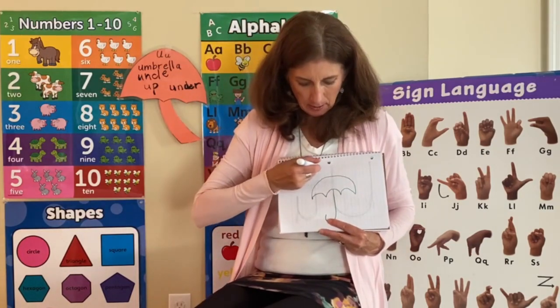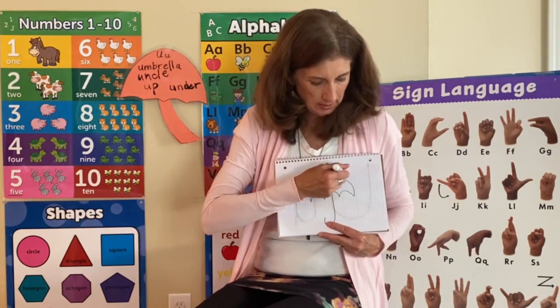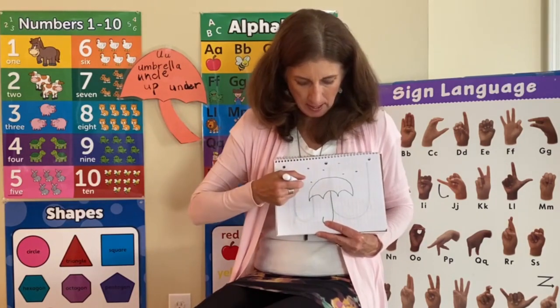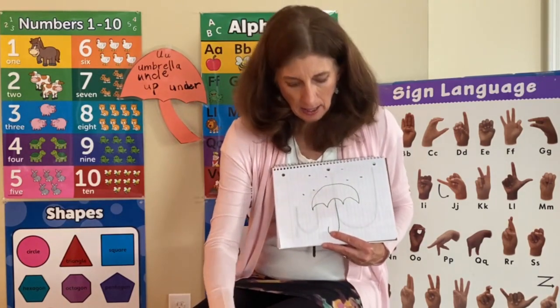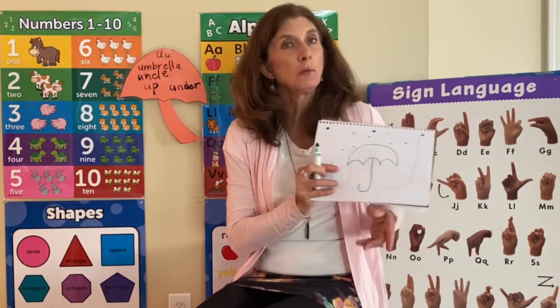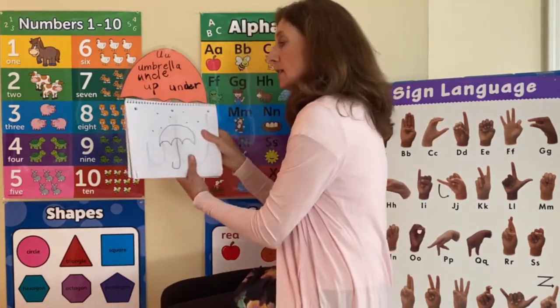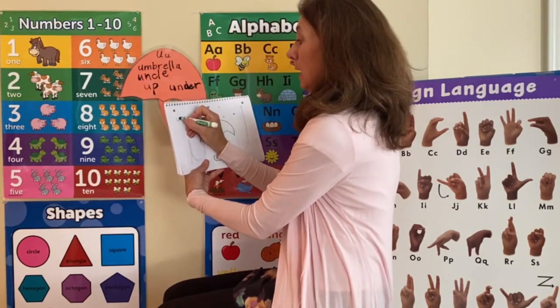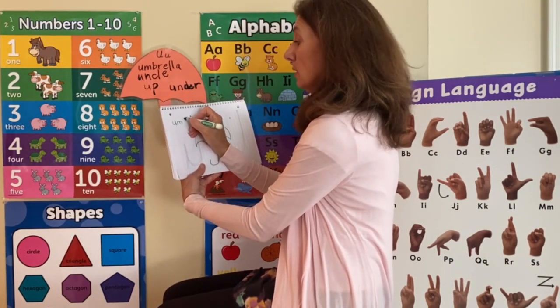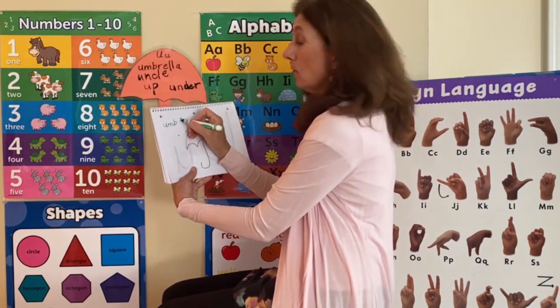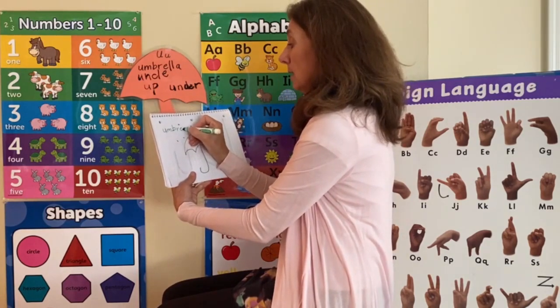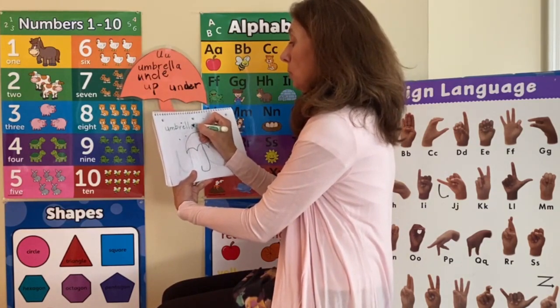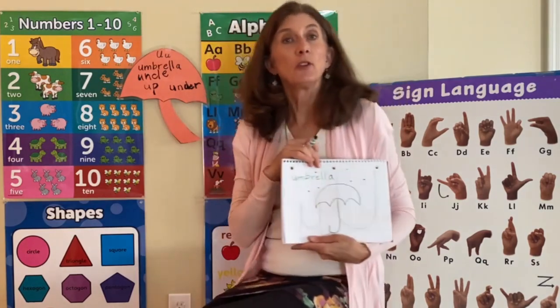And I'm gonna make little red, blue drops of rain coming down, and I'm gonna write the word umbrella. You can have someone at home write umbrella for you if you'd like. Or if you didn't draw an umbrella, because you don't have to draw what I'm drawing, you can draw anything you like. Someone at home can write the word for whatever you drew.